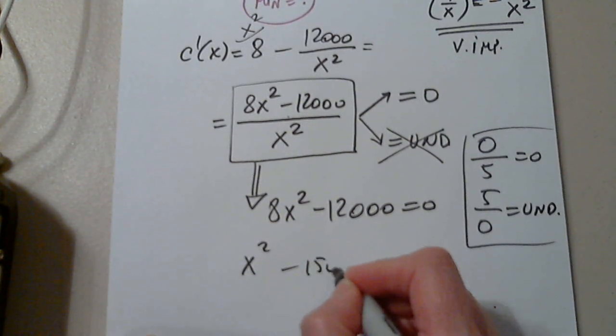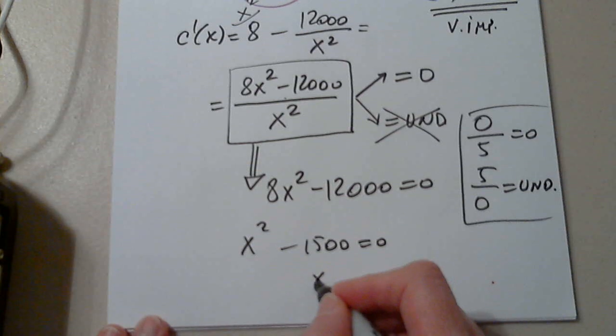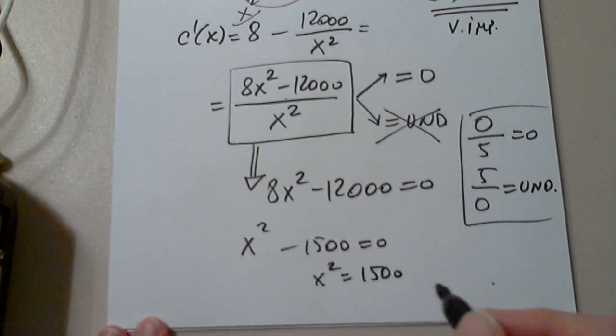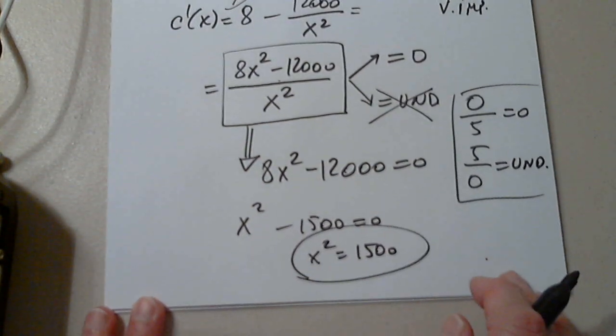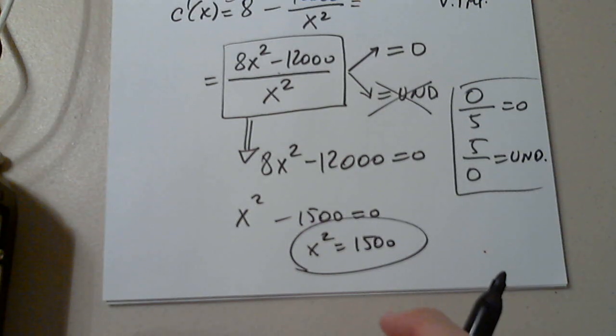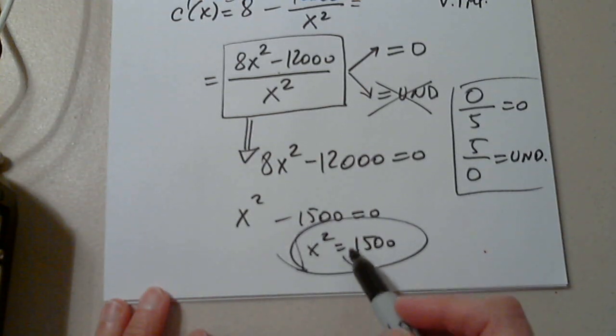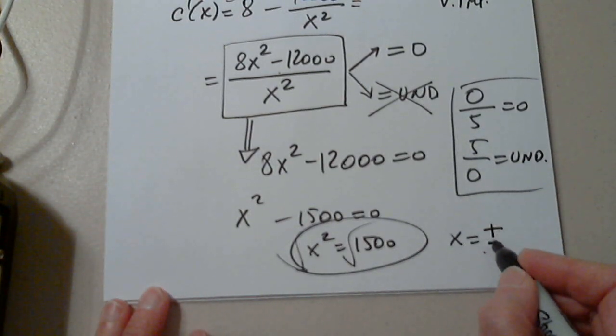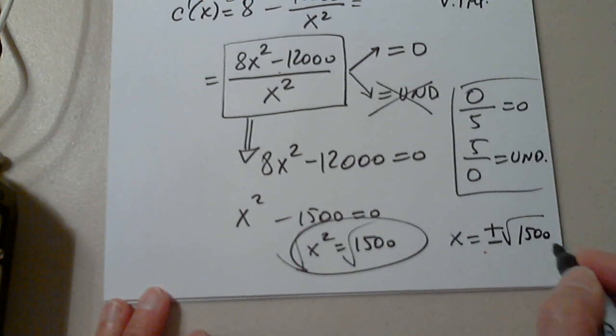So 1,500 equals 0. Then x squared equals 1,500. How do we solve this equation? What do we need to do to solve x squared equals 1,500? We take the square root. Of course. And I should write plus or minus the square root of 1,500.